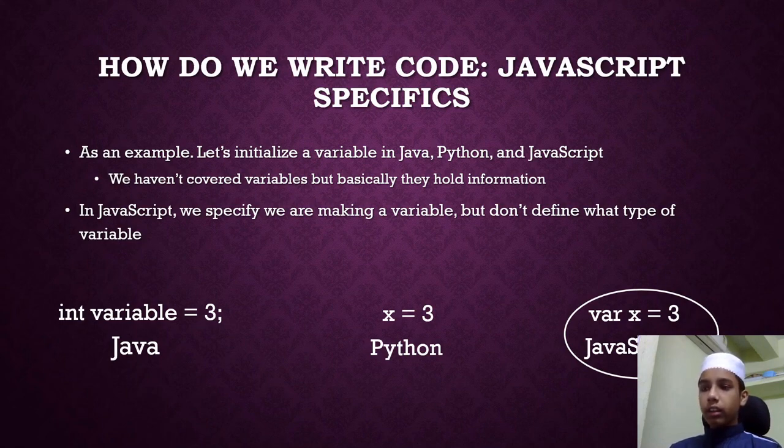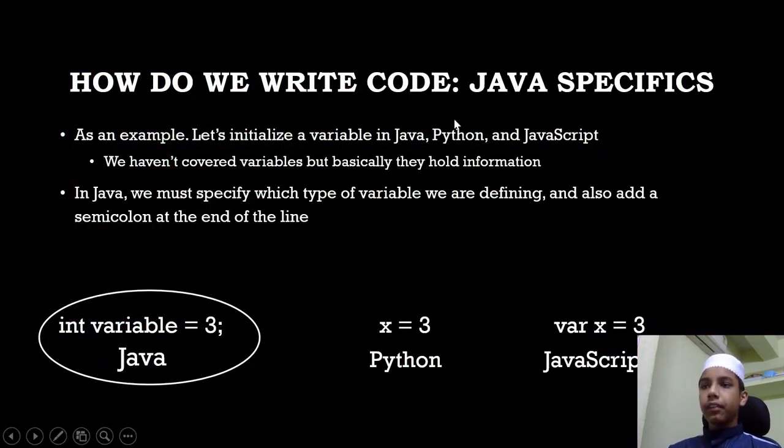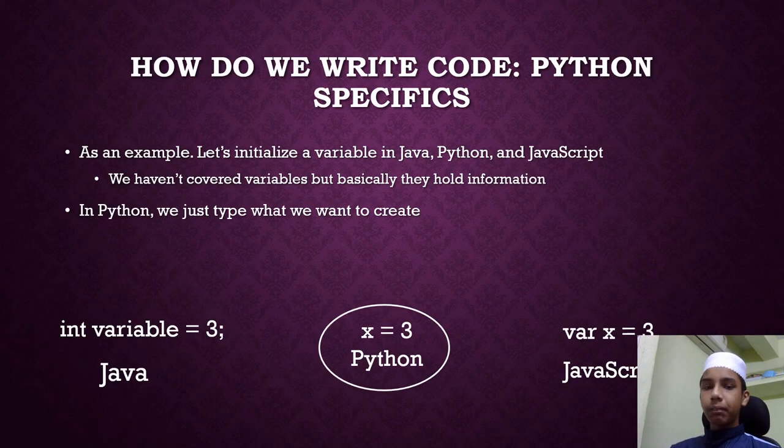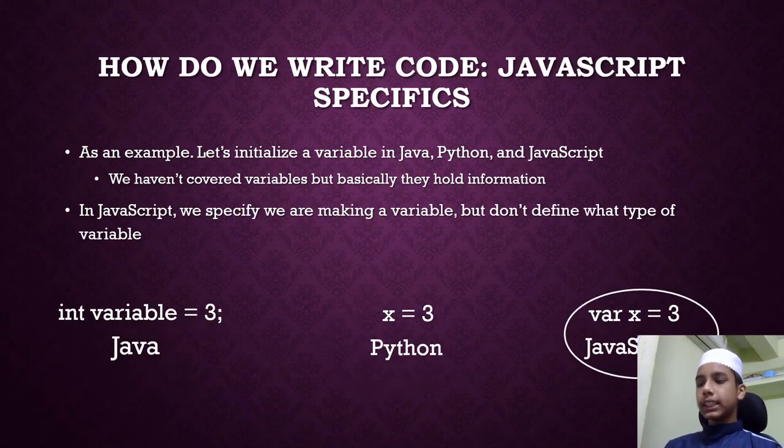So in Java we specify which type of variable we are defining. In Python, we are creating what we want. In JavaScript, we are not defining which type of variable it is, and we are specifying that we are making a variable.